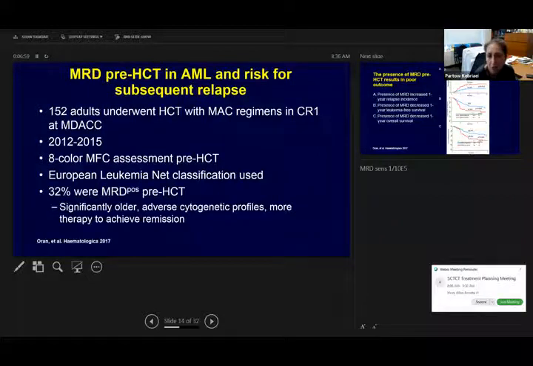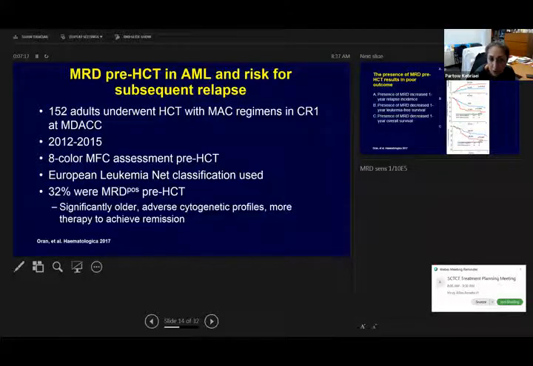What about MRD prior to transplant in acute myeloid leukemia? We did a study at MD Anderson where we looked at about 150 of our adults who underwent transplantation with a myeloablative conditioning regimen between 2012 and 2015.